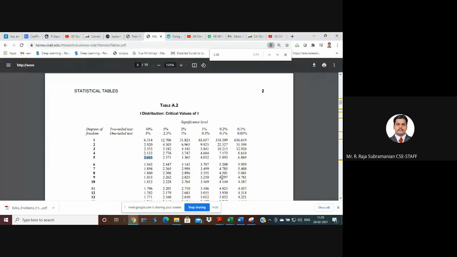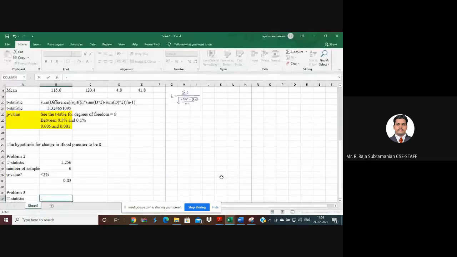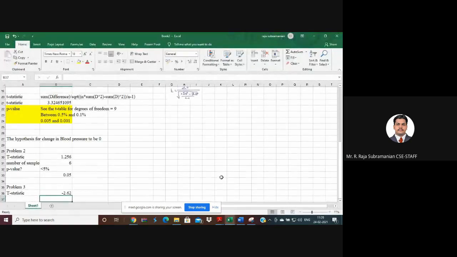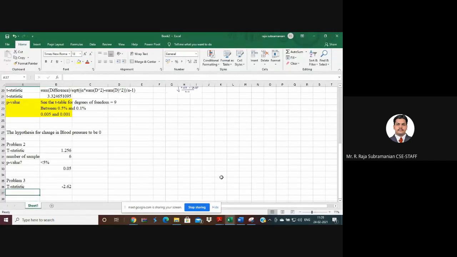So don't look at the answer immediately. Here the value is going to be minus. Only when I cross the zero in the quadrant can I get minus. And if I want to cross zero in my quadrant, then it should be two-tailed. So when minus comes, you are going to use the two-tailed t-test.